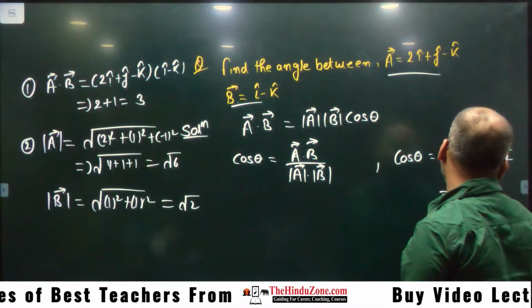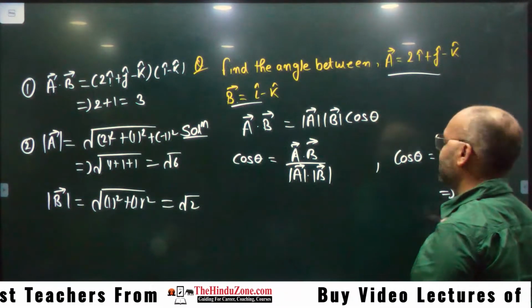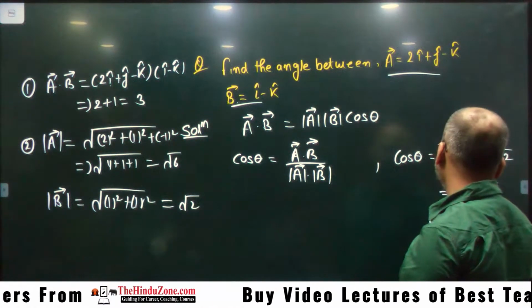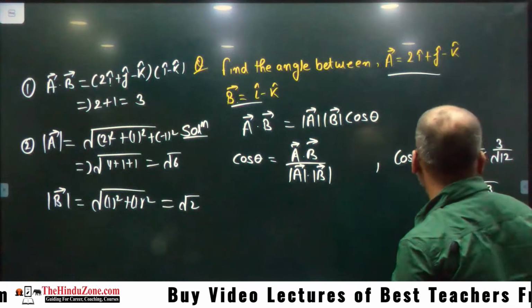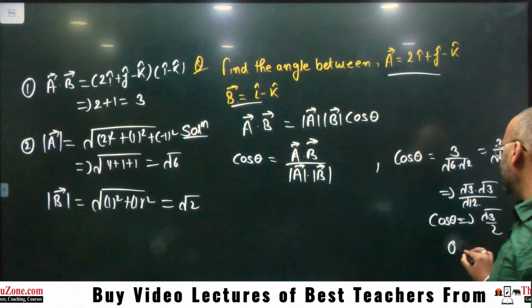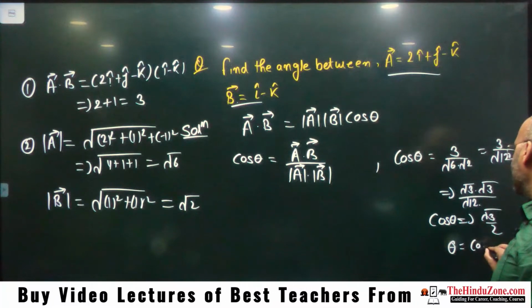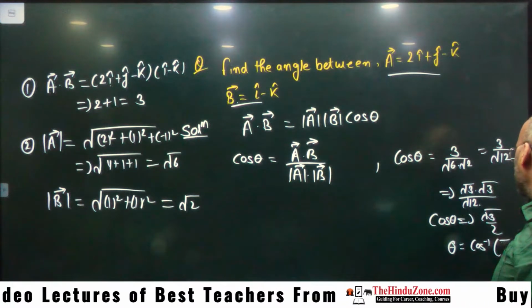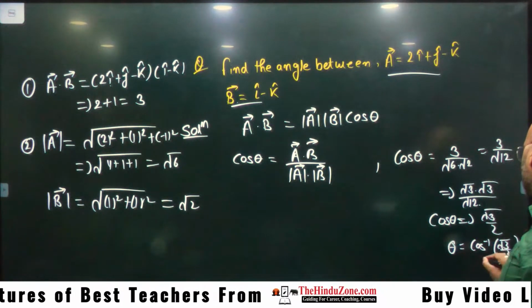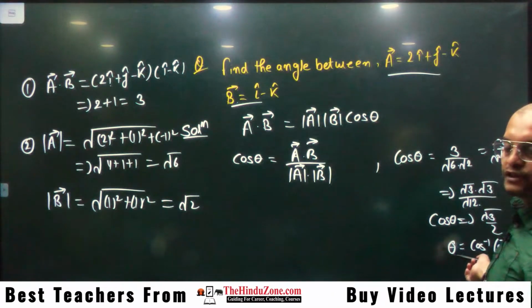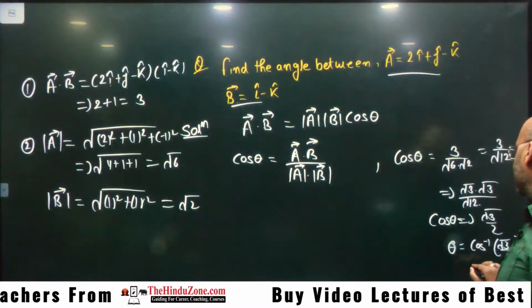Under root 3 by 2 will be the answer. So cos theta is equal to root 3 upon 2. So theta is equal to cos inverse of root 3 upon 2. So at what angle does cos give the value of root 3 upon 2? At 30 degrees.